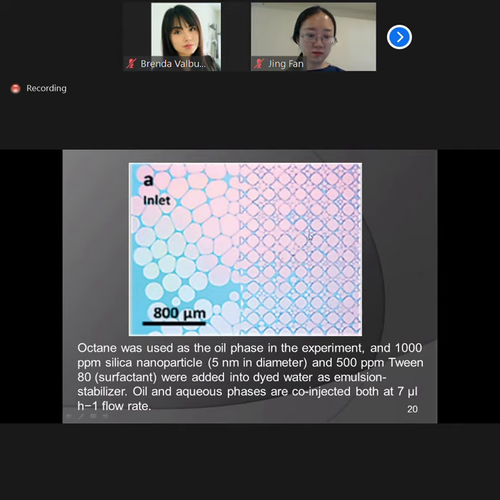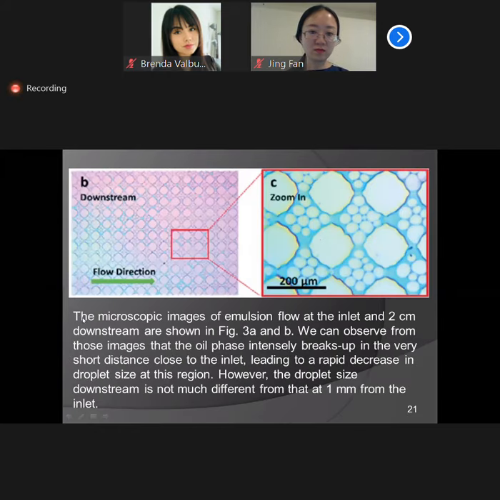You can see on the right side, the oil droplet is broken into small droplets in the pore section. This is the microscope image of emulsion flow at the inlet and 2 cm downstream in Figure 3A and 3B.